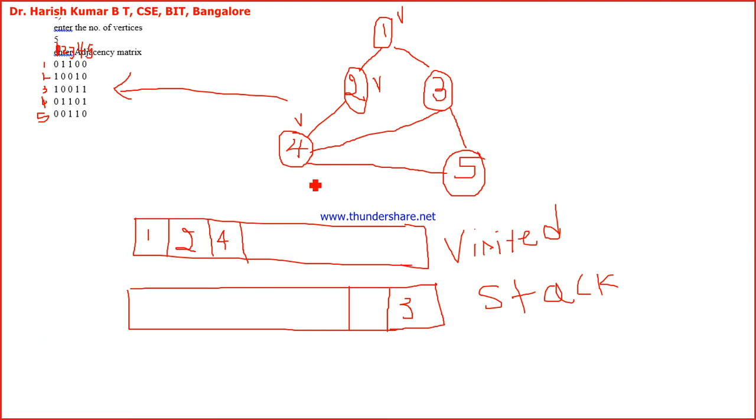Now again, the node which is visited right now is 4. When I look into the adjacent nodes of 4, they are 2, 3 and 5. But 2 is already visited. Now I should be going for pushing. So 3 is already there in the stack, so I should be going for pushing this 5.